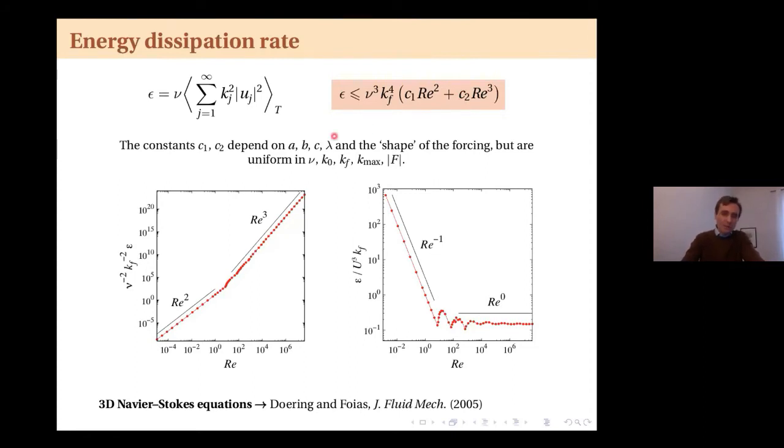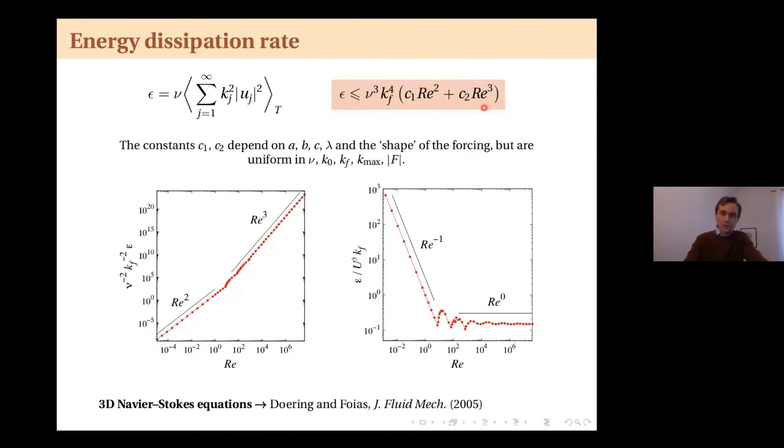And they only depend on the parameters of the shell model, which are A, B, C, the coefficients, and lambda, which defines the wave numbers, and on the shape function, which determines the form of the forcing. But they are independent of physical quantities like the viscosity, the largest wave number, the wave numbers in the forcing, and the magnitude of the forcing. These quantities either appear explicitly in the estimate or inside the dimensionless numbers.